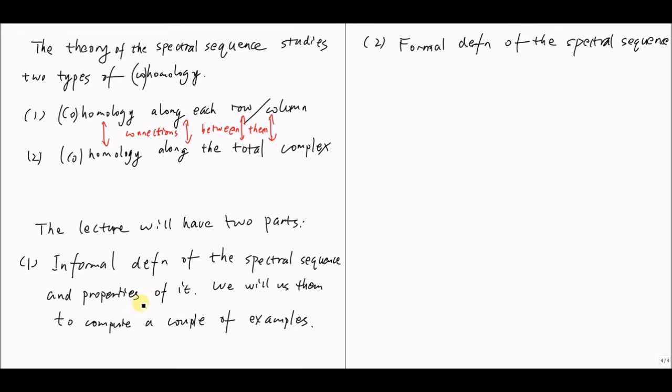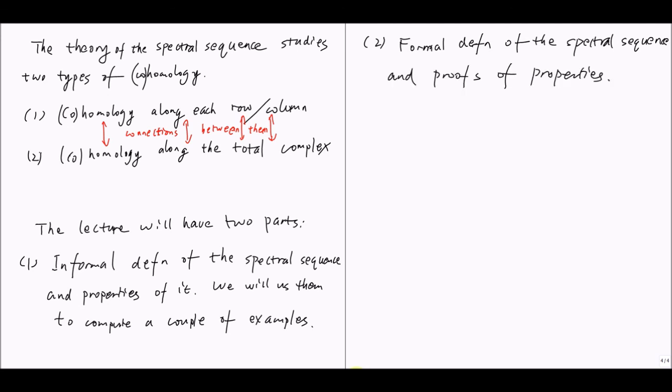And in particular, we will prove this fact: the connection between the cohomology along each row or column and the cohomology along the total complex. The connection will be a special case of a theorem called the filtration theorem, which reveals the connection between the objects in the spectral sequence and the cohomology along the total complex.